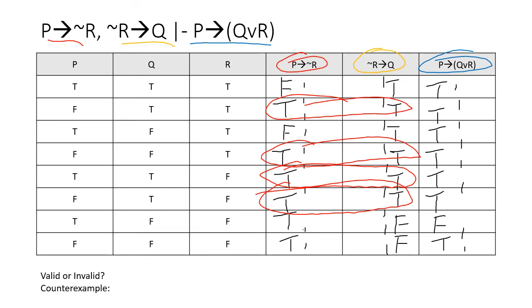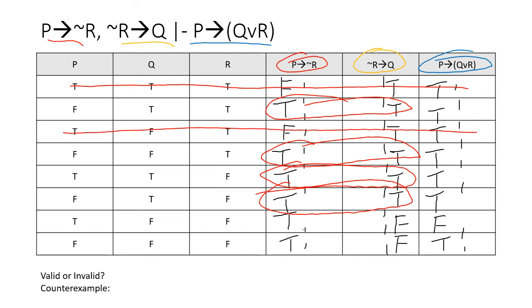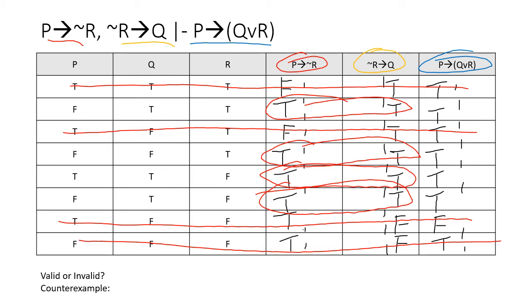So in every instance in which the premises are true, it looks like we have true values for our conclusion all the way down. So that makes this valid. And since it's valid, we don't need a counterexample. And so that's that one.